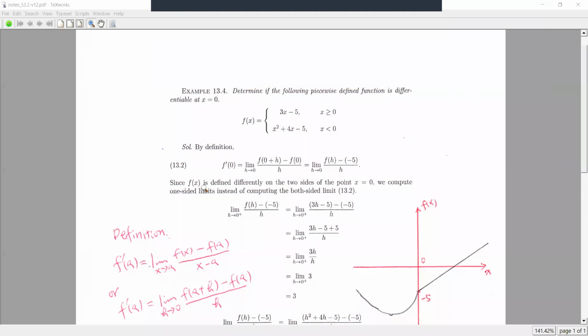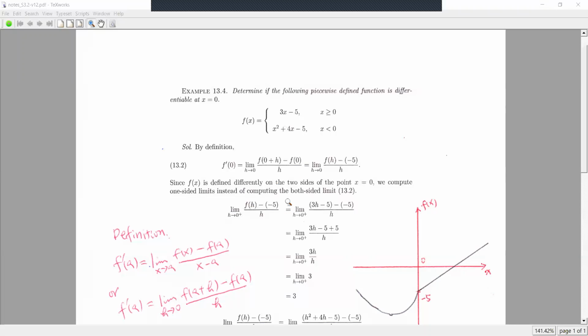Since the function f is defined differently on the two sides of the point 0, instead of computing this both side limit, I compute left-hand side limit and right-hand side limit. For the right-hand side limit, x approaches 0 from the right. h is greater than 0. When h is greater than 0, f of h is 3h minus 5.